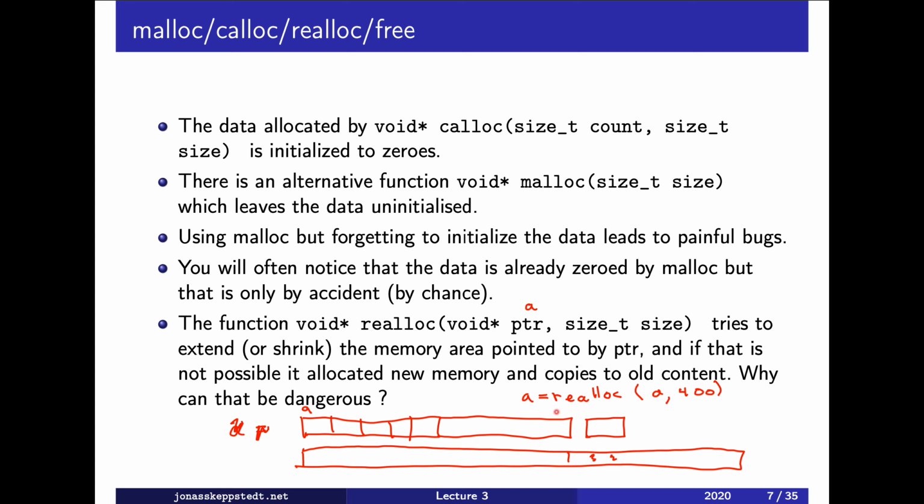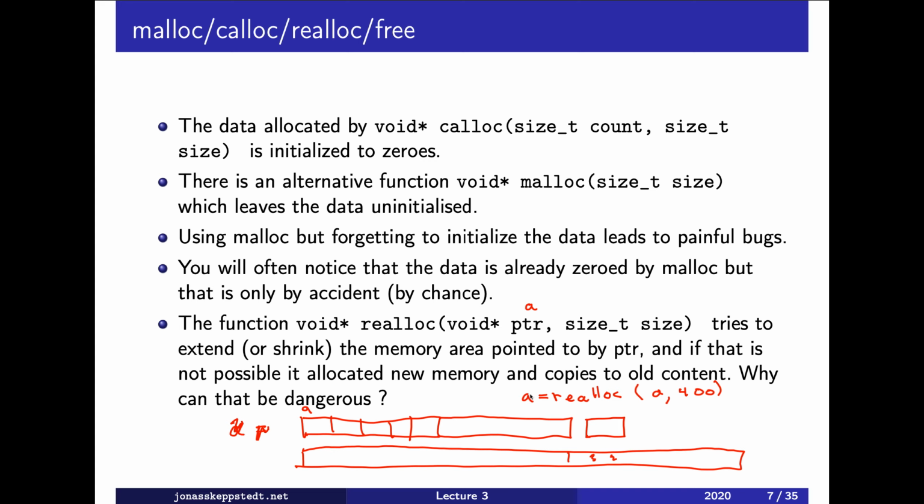Why is that problematic? What can happen if we use realloc in a bad way? The first bad way we have just seen, but I've not said why it's bad. It's bad because if realloc doesn't find any memory, because there was none left in the computer, then it will return null. Then we lose this A pointer, since it's overwritten with null.